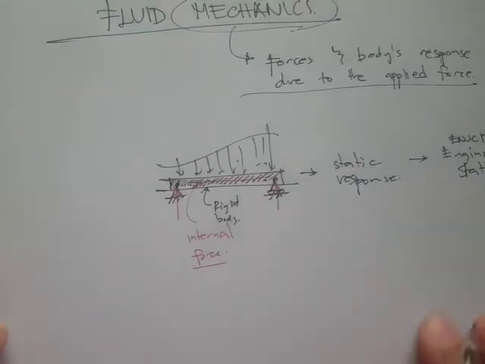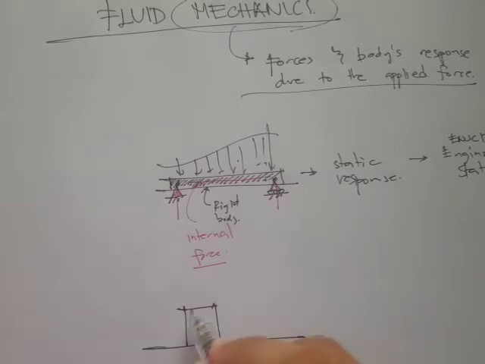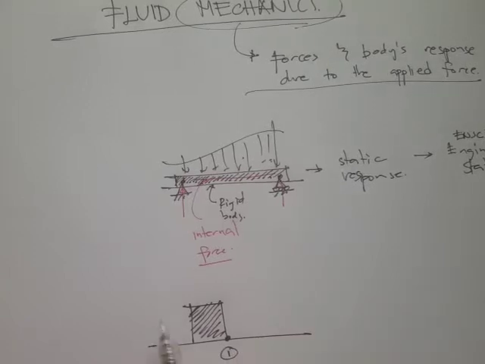Now, another response of a body when a force is applied to it: for example, we have this object right here. Let's consider this point 1. Once you apply a force, another response would be translation or rotation, right?